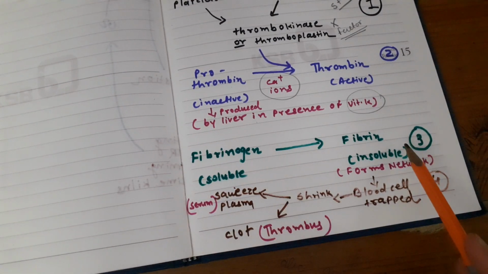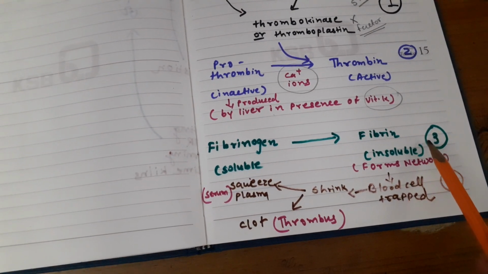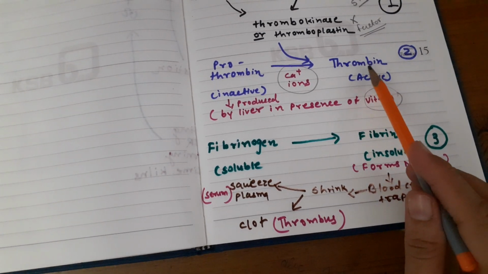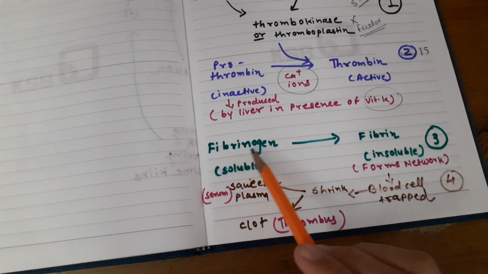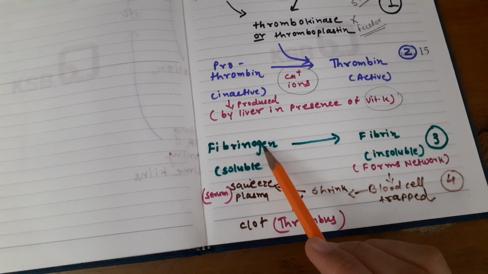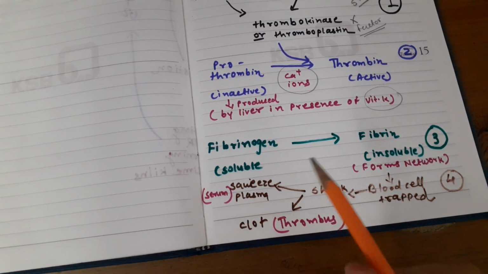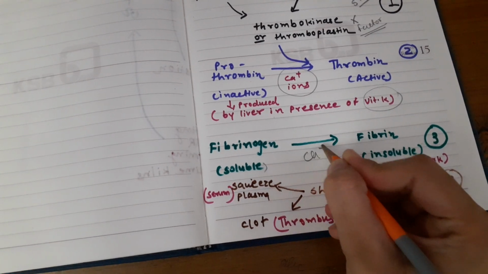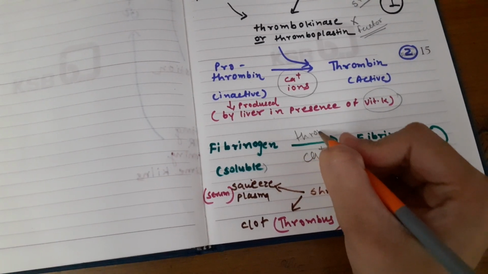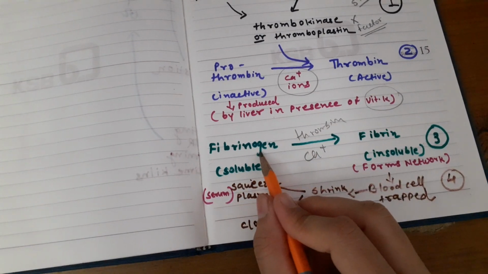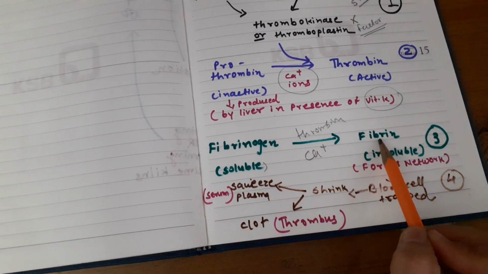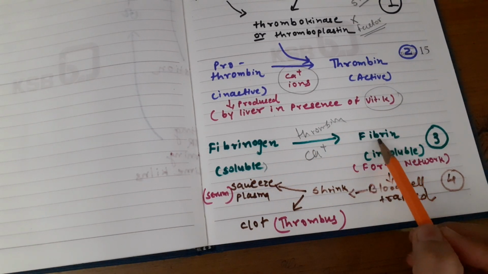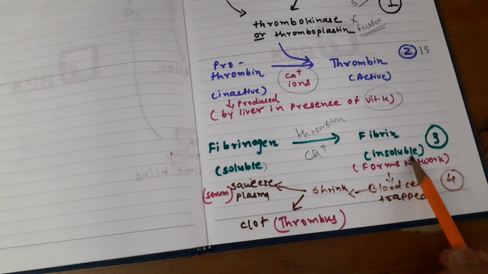Now we'll go for the third step. Here, we have thrombin. In the presence of calcium ions, thrombin acts on fibrinogen, which is soluble in our plasma, and converts fibrinogen into fibrin. These fibrins are insoluble in nature.